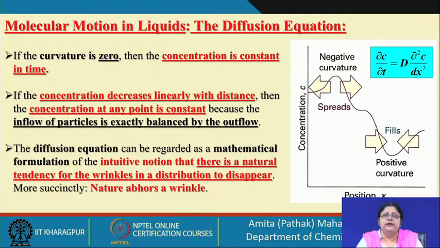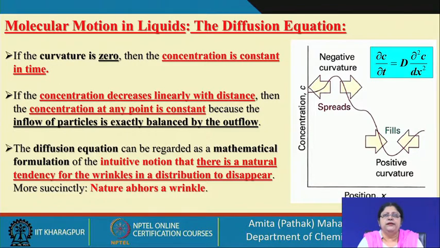So, these two conditions give rise to a system where you naturally have a tendency to have no wrinkles, and these wrinkles are removed by redistribution of the particles, either by filling in the dip or spreading of the heap.